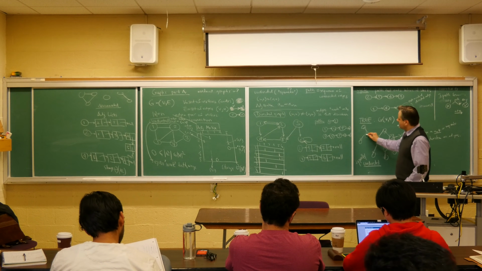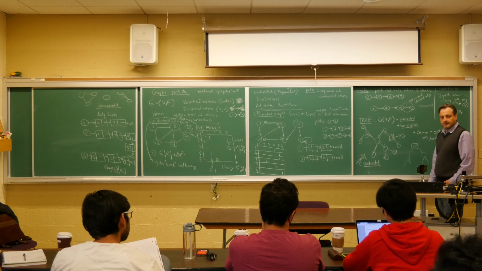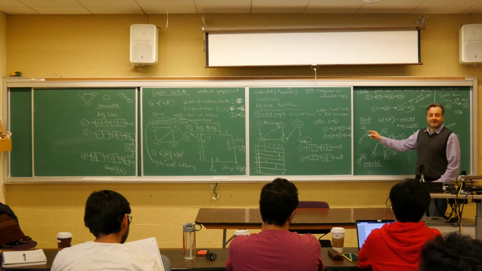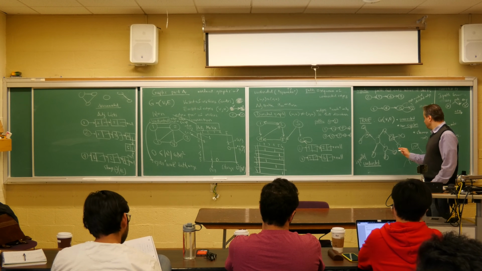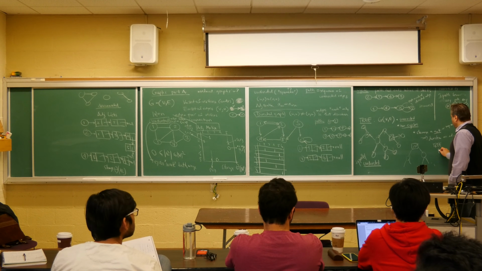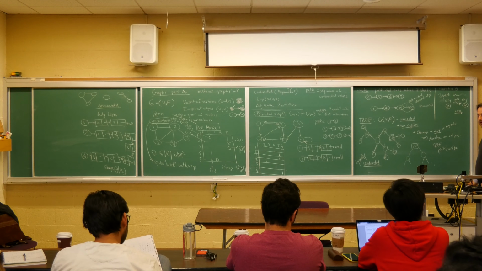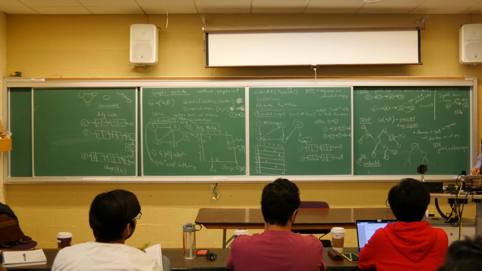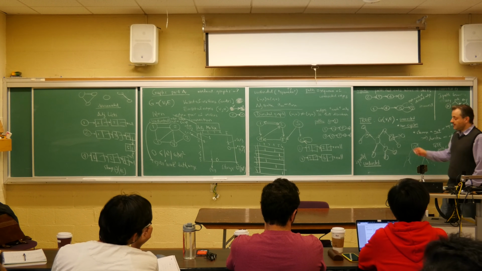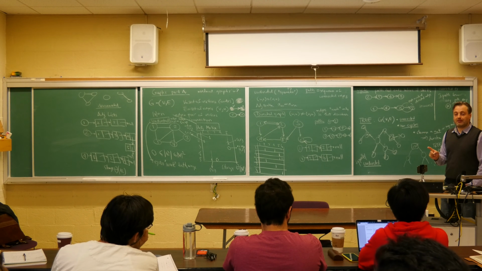If I pick two nodes in here, U to, say, this V here, the path in a tree from U to V is unique. Is that true? Yes. Any two nodes I pick, the path to go from there to there in a tree is unique.